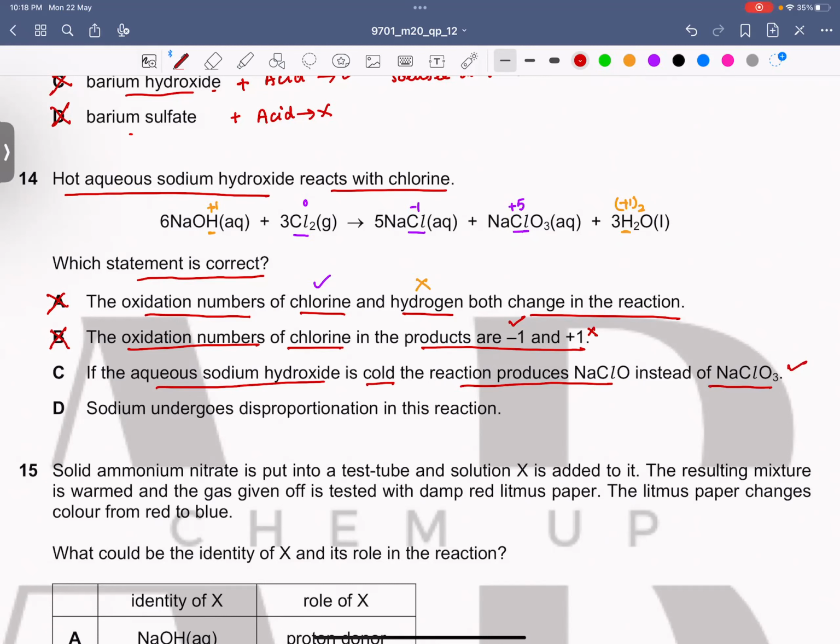Sodium undergoes a disproportionation reaction in this reaction. If you work on the oxidation number of sodium, sodium has a +1 oxidation number on the product and on the reactant side. So it is the wrong option, because if you recall, disproportionation means that a species undergoes both reduction and oxidation. So that's why option D is wrong and our correct option is C. Is this understandable to everyone?